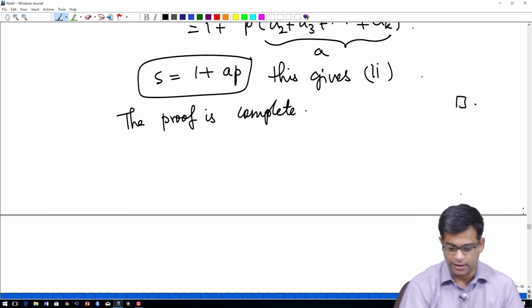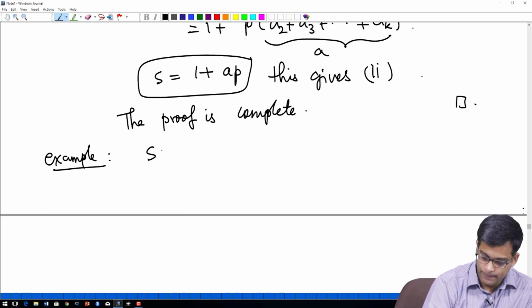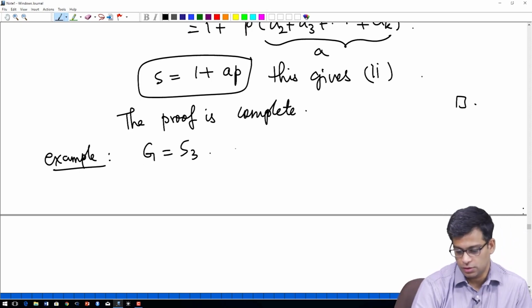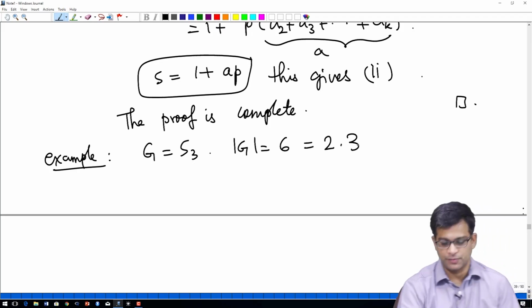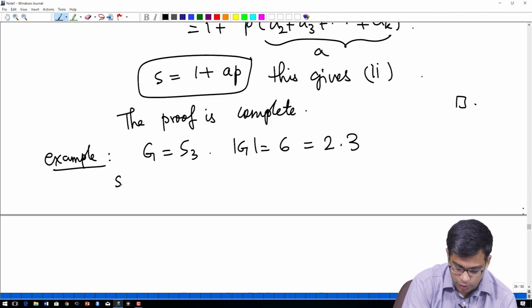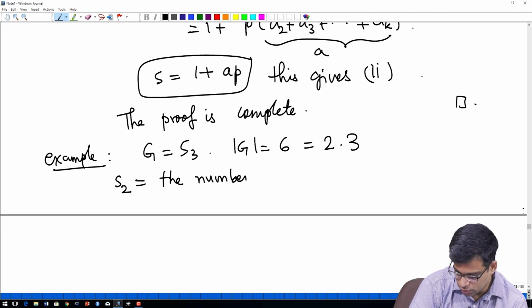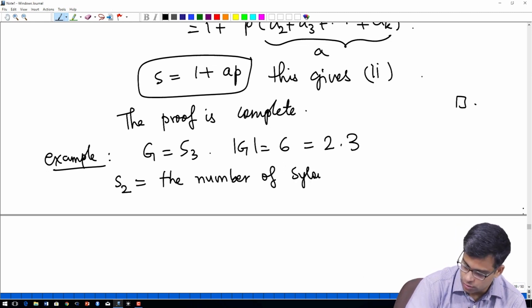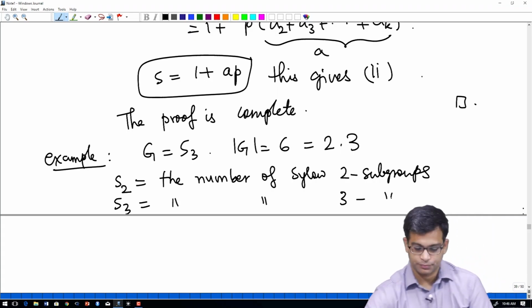Okay. So let us again look at the example of S3 that we have seen before. So here of course the order of S3 is 6, which is 2 times 3. Let us denote by S2 the number of Sylow 2 subgroups, and S3 the number of Sylow 3 subgroups.